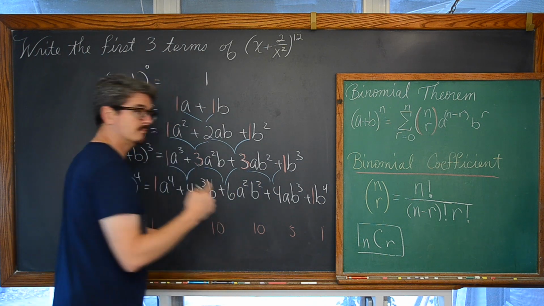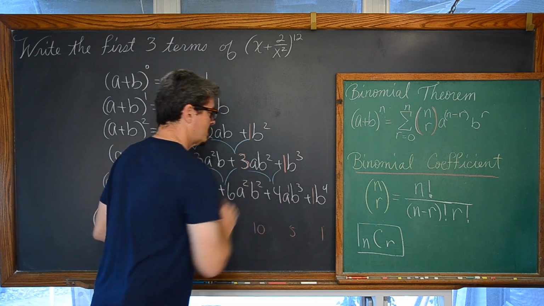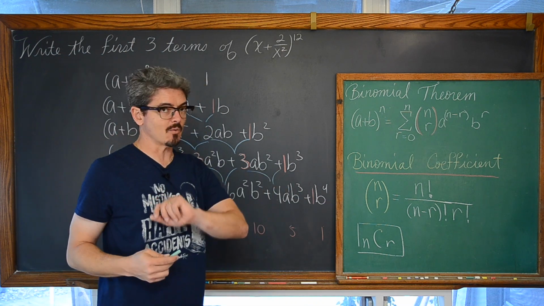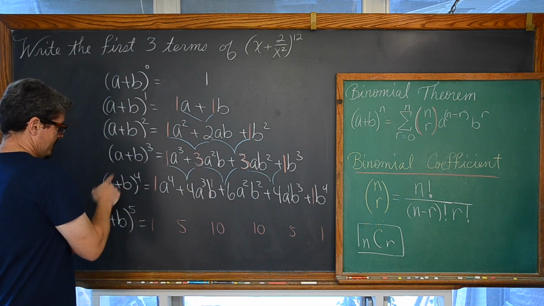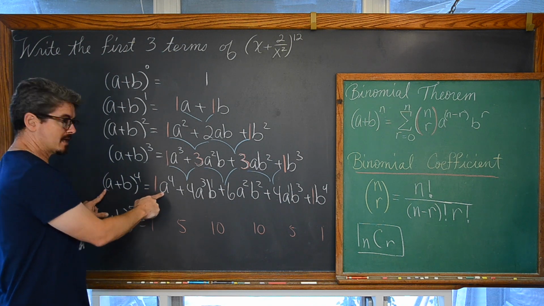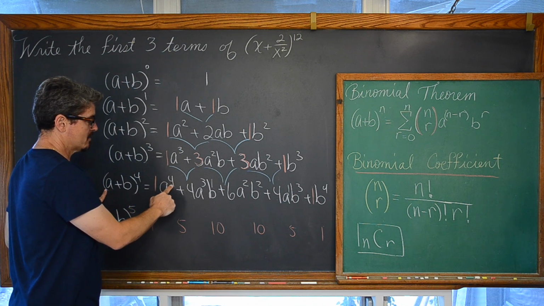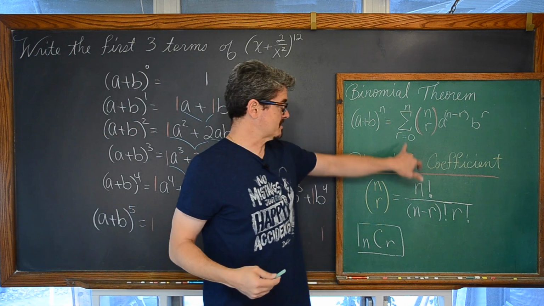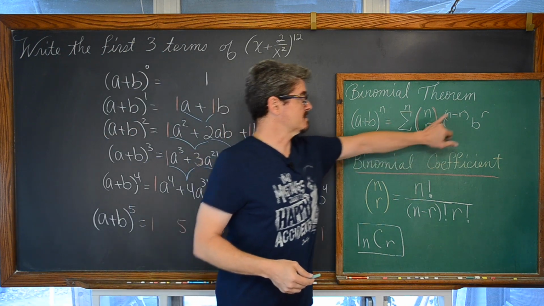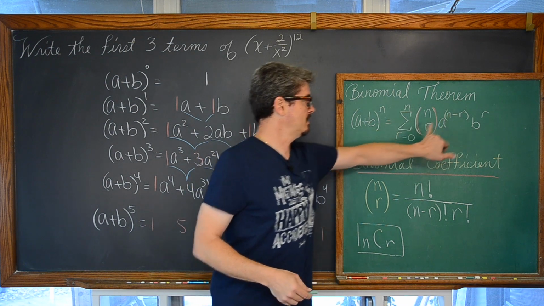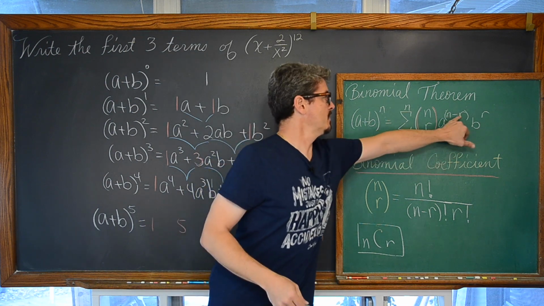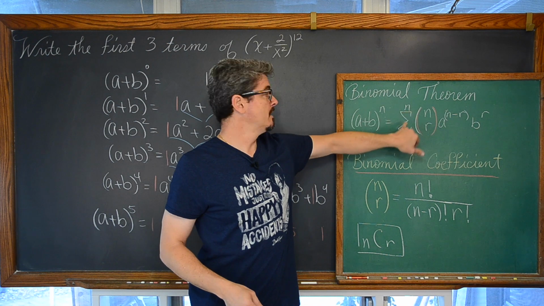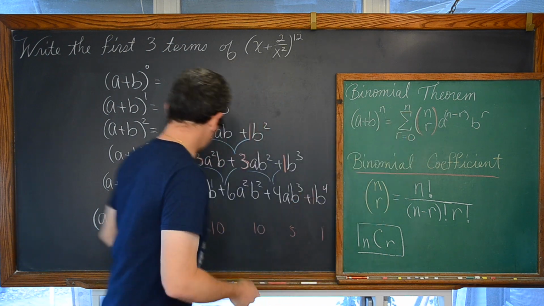We have 2 and 2, add to 4, 1 and 3, again add to 4, and finally we have that last power of 4. Our first term becomes one of our factors, and that power goes down, 4, 3, 2, 1. That's what's happening through the sigma notation. You first plug in r as 0, then you plug in r as 1, 2, 3, and keep going until you get to n, and ultimately add all those terms up.